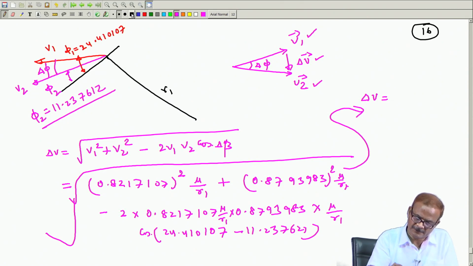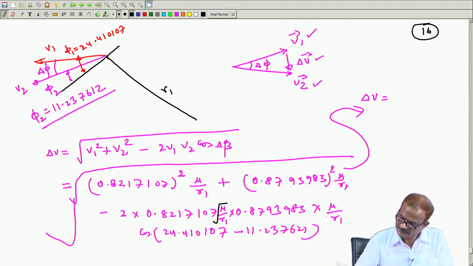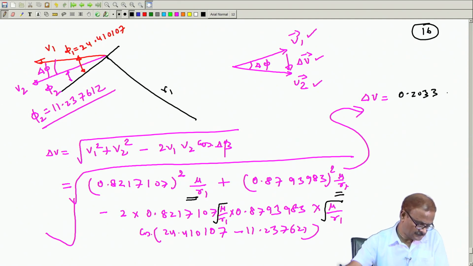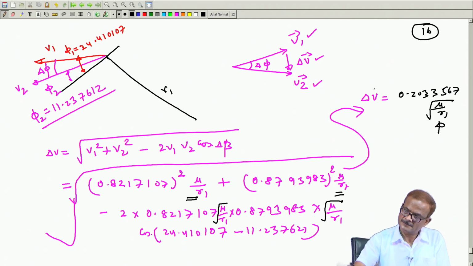Therefore, we will put one under root sign because it comes from a square. Okay, look back at all these values as I am concluding. So, this will turn out to be 0.2033 under root of mu by r 1. So, this value is known to us. So, therefore, delta v: how much impulse is required, and in which direction the impulse is required, we have computed from this place.